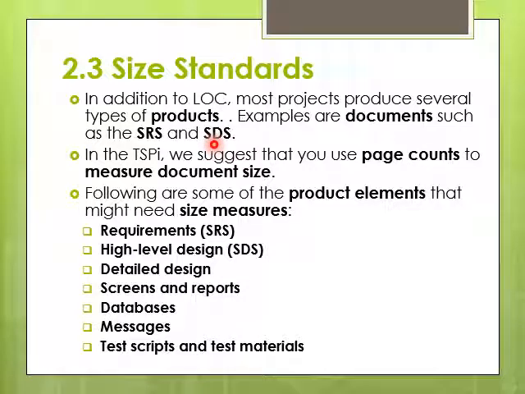In the TSP, we suggest that you use the page count to measure the document size. Following are some of the product elements that might need size measures, especially document size page counts: the requirements such as SRS, high-level design, SDS, detailed design, screens and reports, databases, messages, and even the test scripts and test material if you're using the Team Software Process.